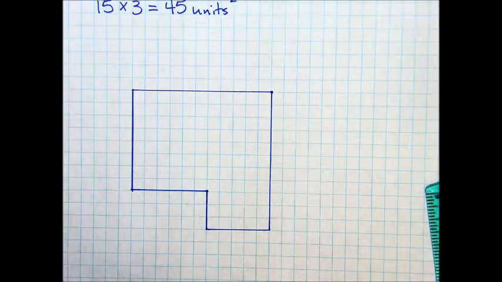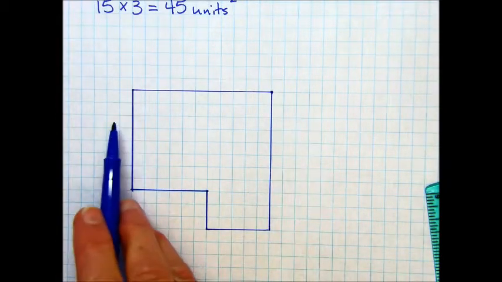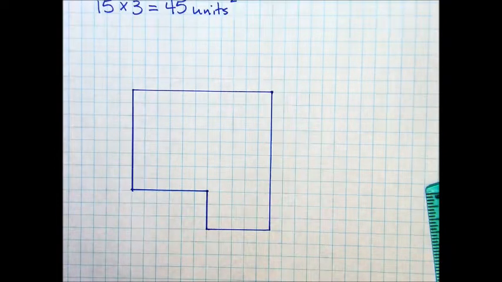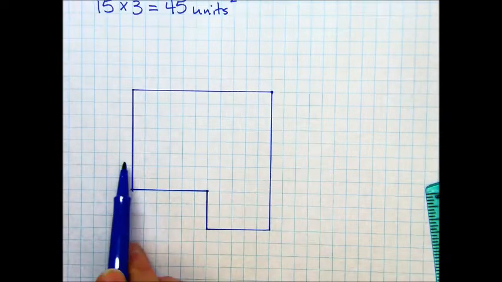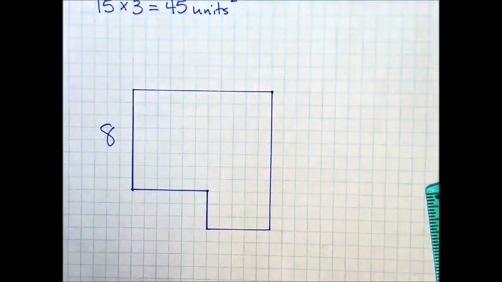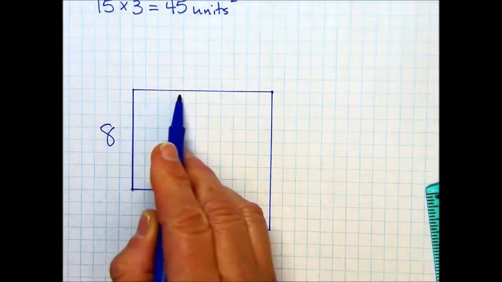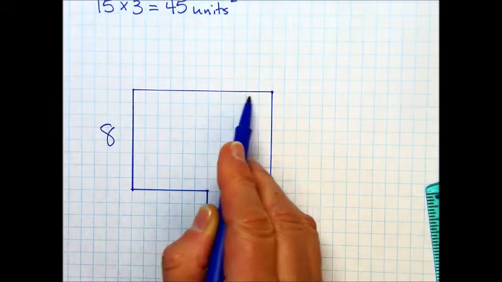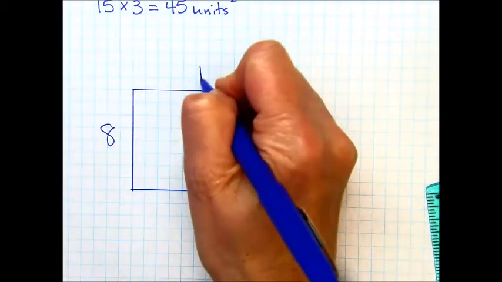Let's go ahead and count up our rows and our columns for each side. 1, 2, 3, 4, 5, 6, 7, 8. So this one is 8. I've got 11 here.